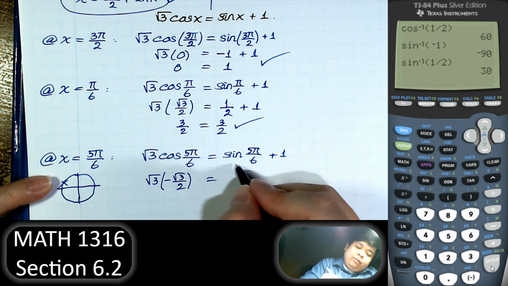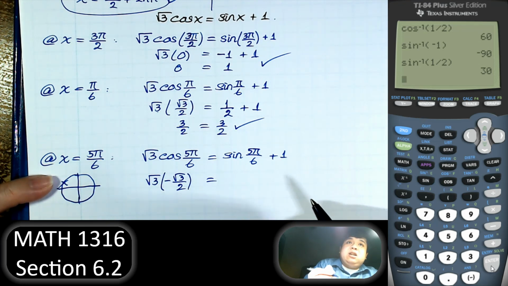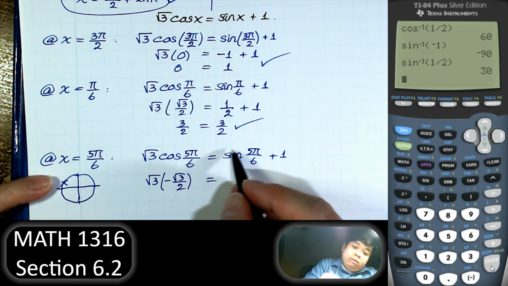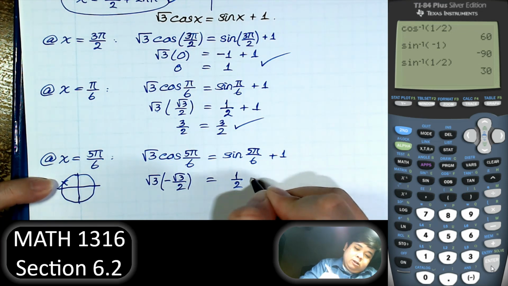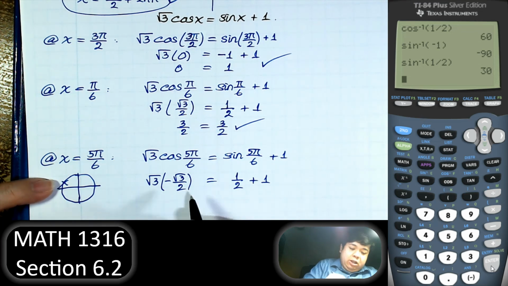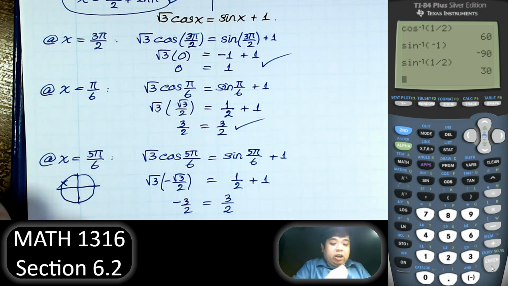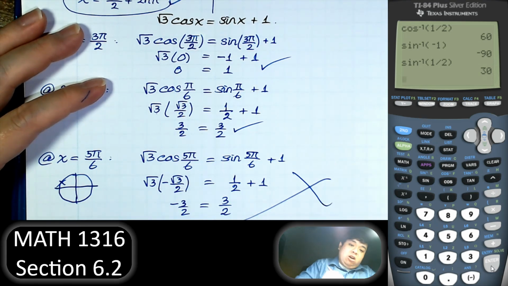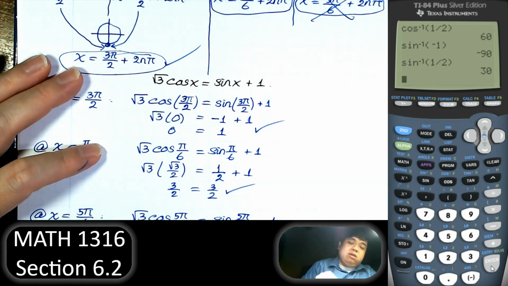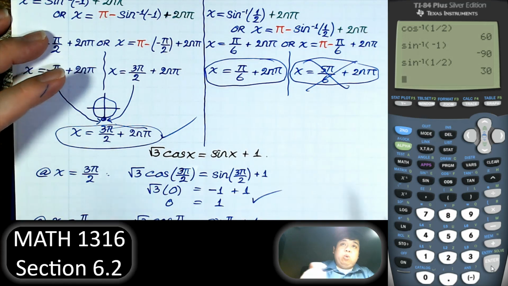And sine of 5 pi over 6 is positive. So this side we have negative 3 over 2, this side we have 3 over 2. As you see, if we square both sides, they will be equal, but if we don't square, they are not. So this is not a solution. So we don't have that as a solution. That's what we have.